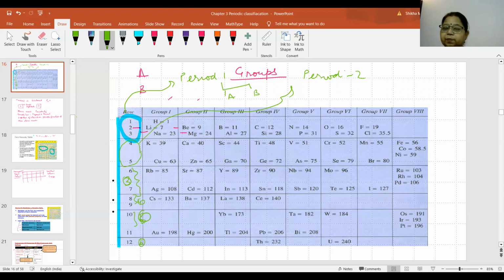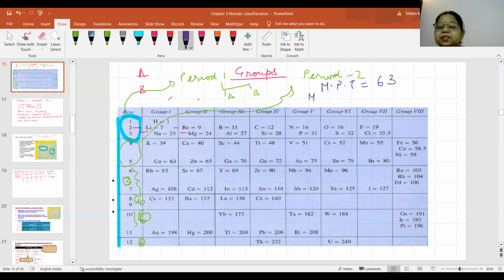Therefore, I say, remember for Mendeleev periodic table, only 63. In some cases, you may find 87, 85, any number can be there. But remember what they have said in the prefix. Whenever they refer to Mendeleev periodic table, it has to be only 63.